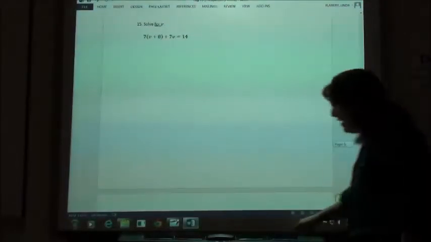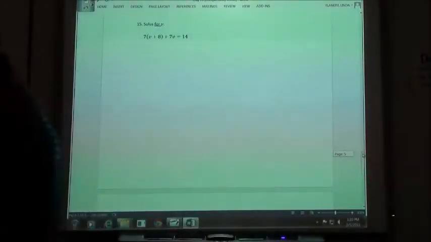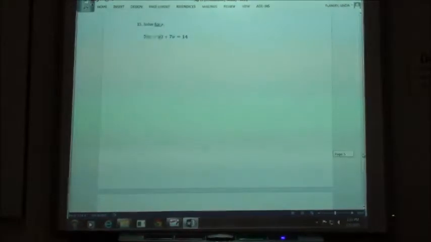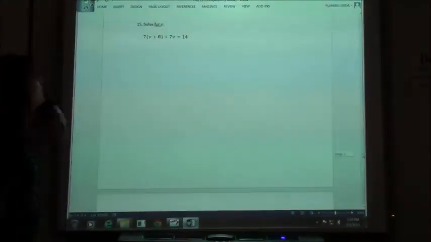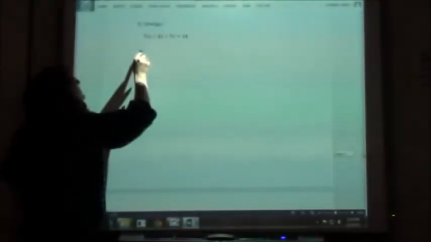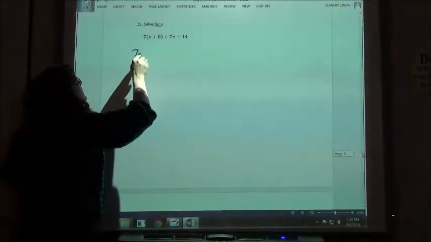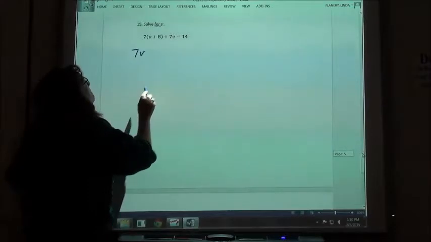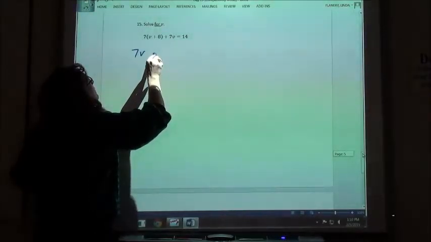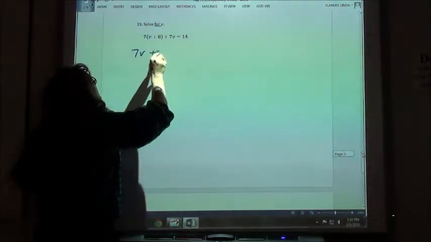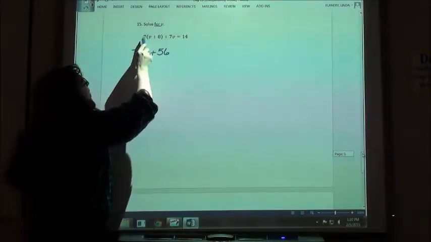Number 15. First thing we want to do, use our distributive property. Get rid of the parentheses. So we would have 7b plus 56, because we have a positive times a positive.